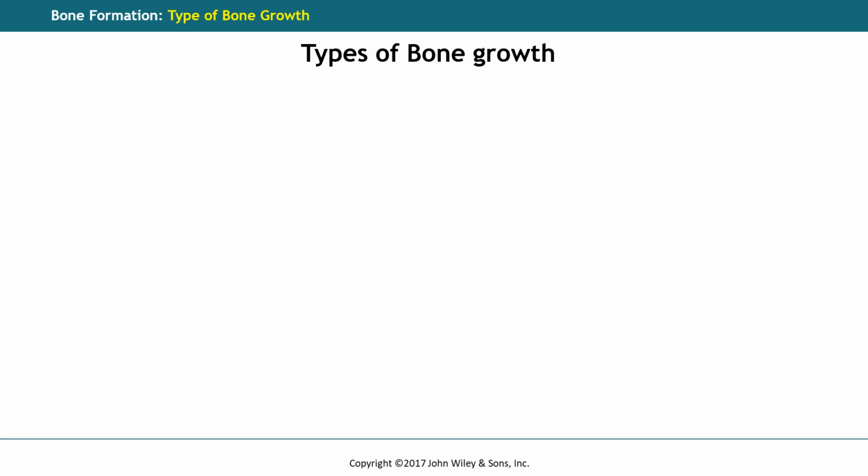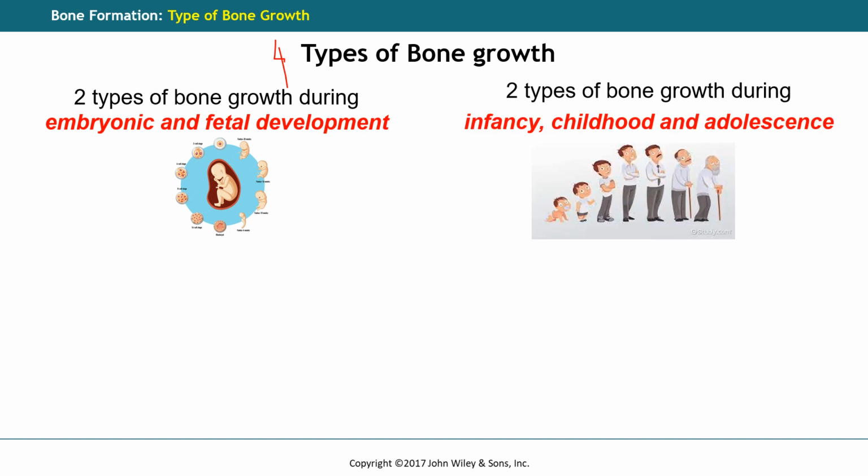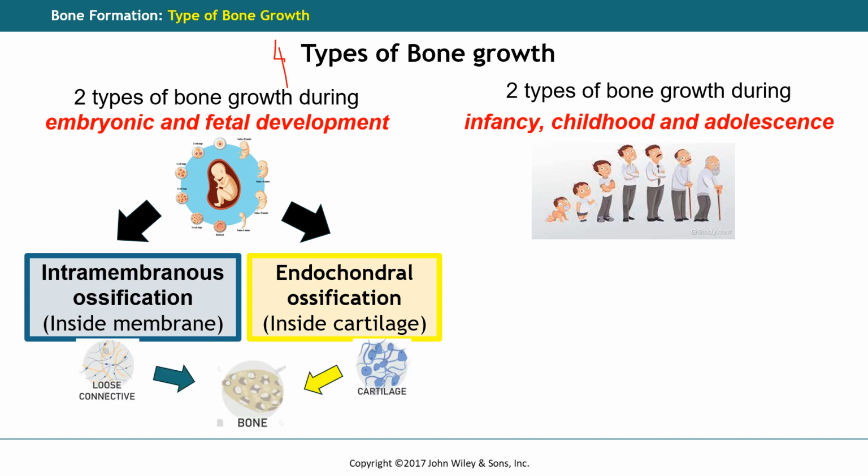So with this, we finish the 4 types of bone growth. I talked about 2 of them that happen in early embryonic stages, and I talked about 2 of them that happen after birth. The first one was the intramembranous ossification, and the second one was the endochondral ossification. If you remember, both converge into a bone, but the mechanisms are different.